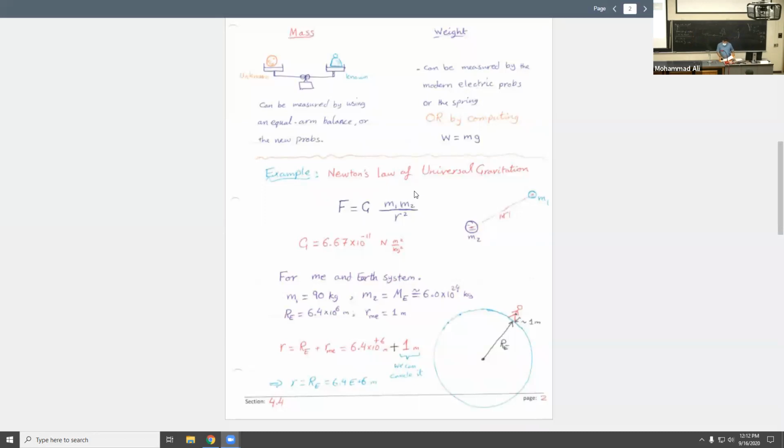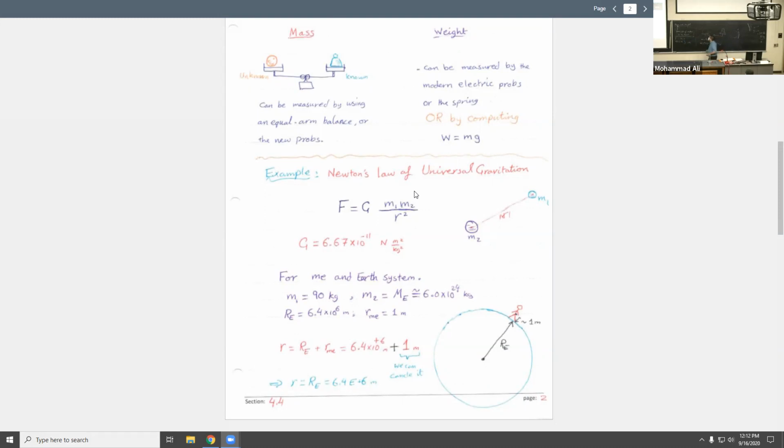Now, simply, if my mass is equal to 90 kilograms, then my weight is equal to 90 multiplied by g, which is 9.8, approximately 10. So my weight is approximately 900 newtons, right?